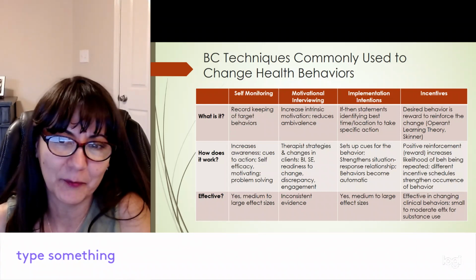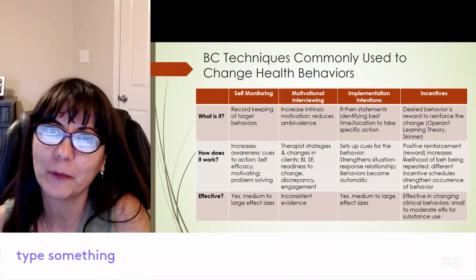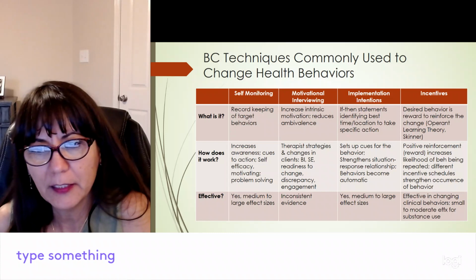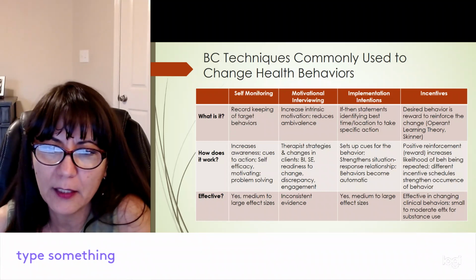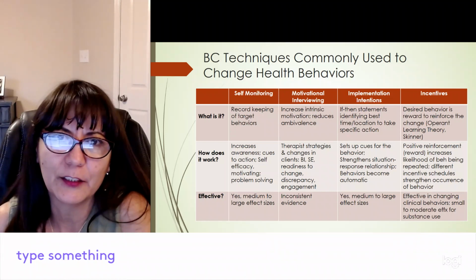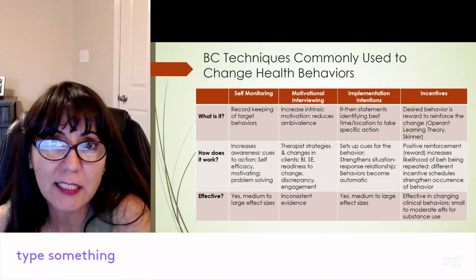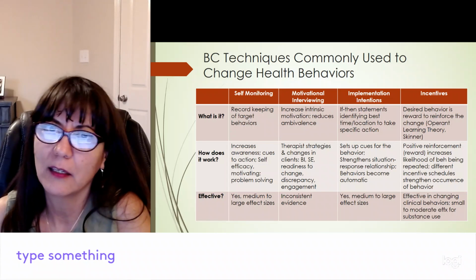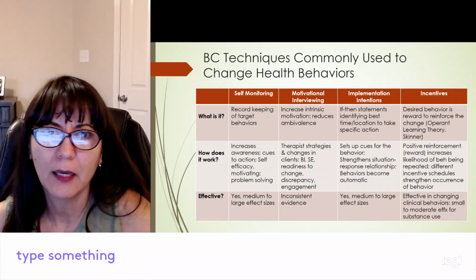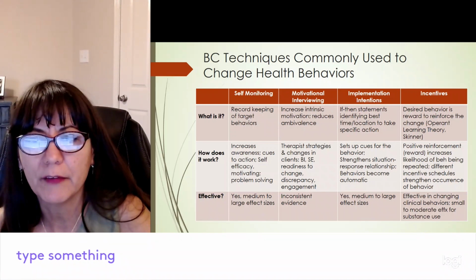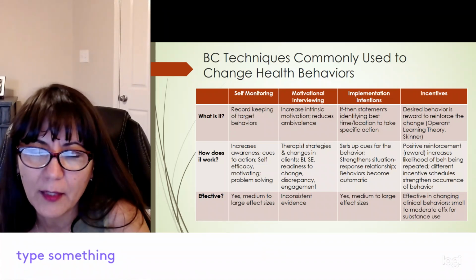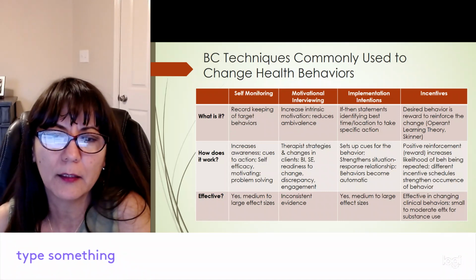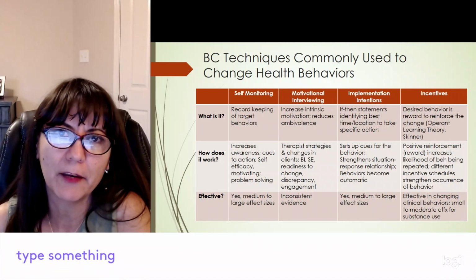I think it's been demonstrated with humans as well. Is it effective? It's effective in changing clinical behaviors, such as, if someone needs to get screened, giving them a small incentive to do a one-time screening is very effective. But they find small to moderate effect sizes for changing substance use behaviors.